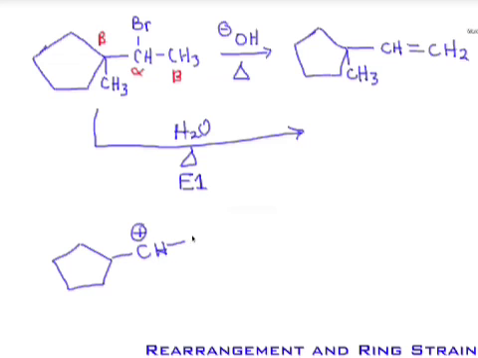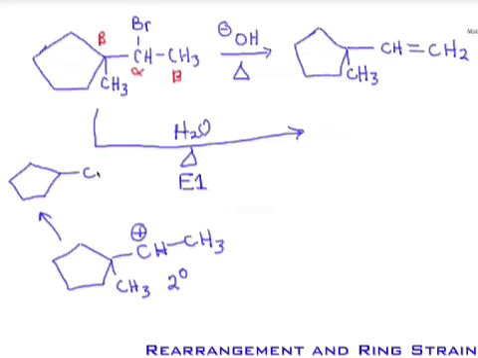You have to ask yourself, what kind of carbocation do you have? And if I ask myself that question, I see the plus is on a carbon that has 2 carbons attached to it, it's secondary. Is there anything I can shift to make a more stable carbocation? Indeed, I could shift the methyl.